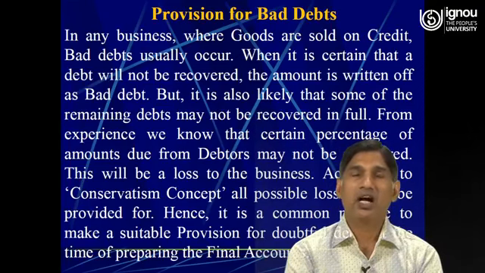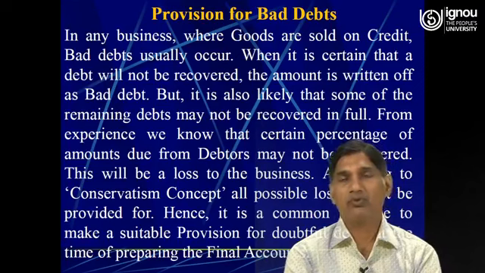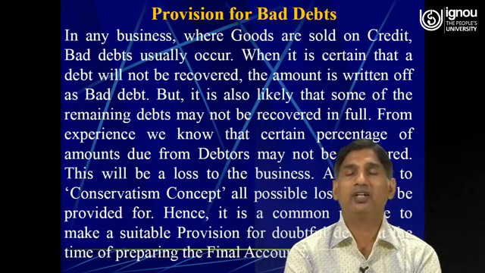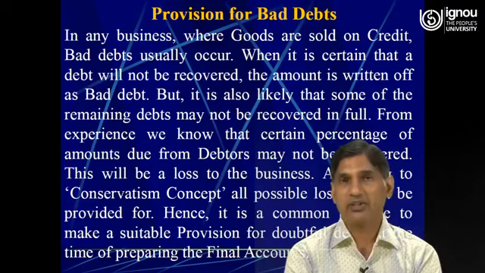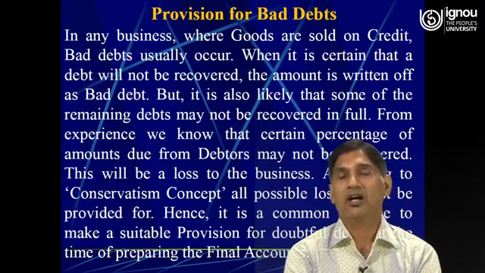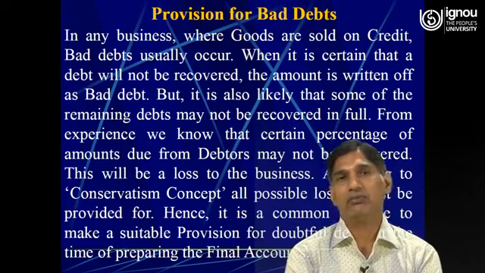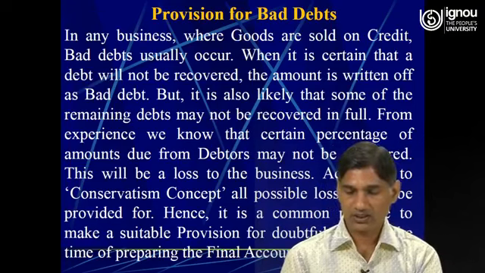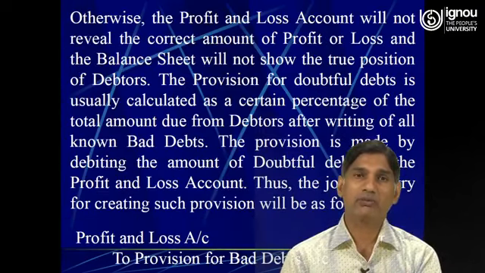Here I would like to advise my learners that provision for doubtful debts is always made on the fresh amount of the debtors. It means after subtracting the amount of bad debts from the amount of debtors, the provision for bad debts will be provided. Students must always remember this.